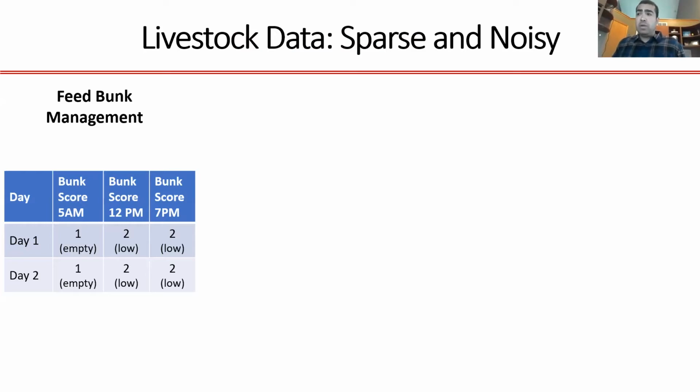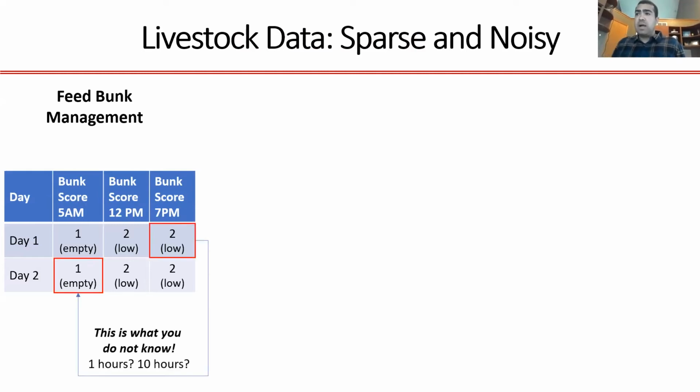And when we look at an empty bunk, the question that comes is, was this bunk empty since an hour ago, or 10 hours ago? How long was that feed bunk empty? Because we do not have technology to monitor that in real time, we take a decision based on a snapshot, based on what is happening at that exact moment.